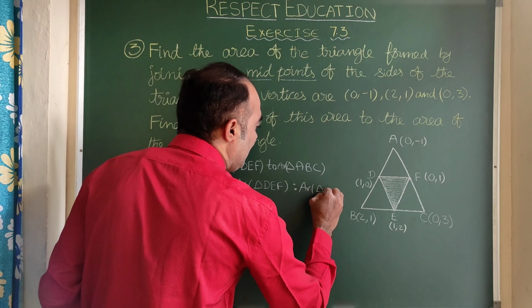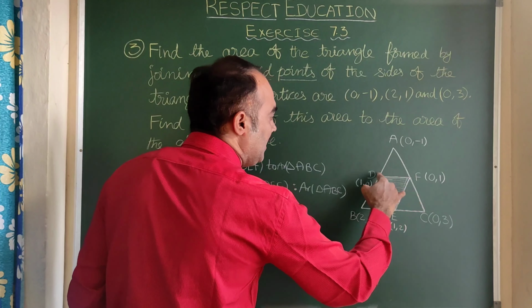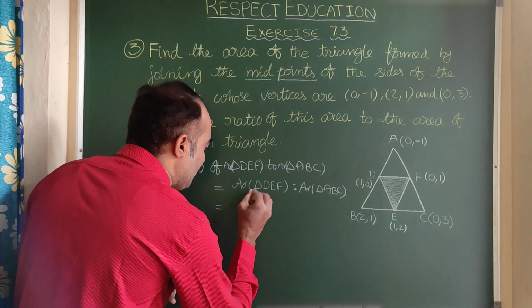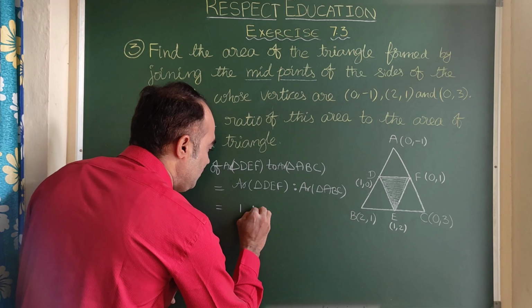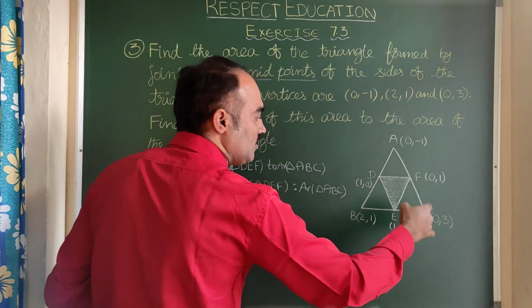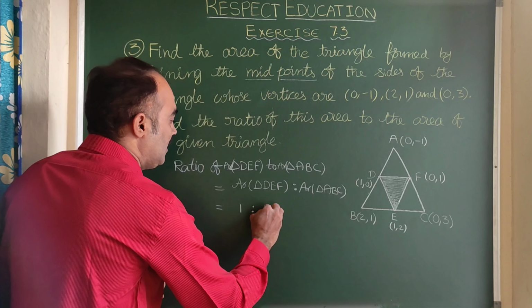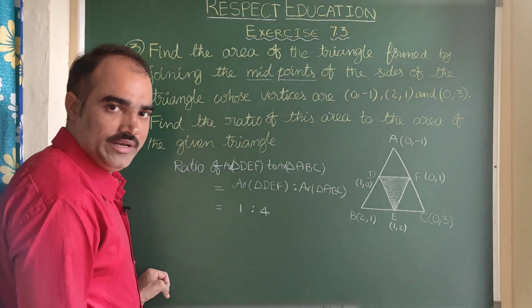As we have found these values just now, area of triangle DEF is 1 square unit is to area of triangle ABC, also just now we got, that is 4 square units. Therefore the required ratio is 1:4.